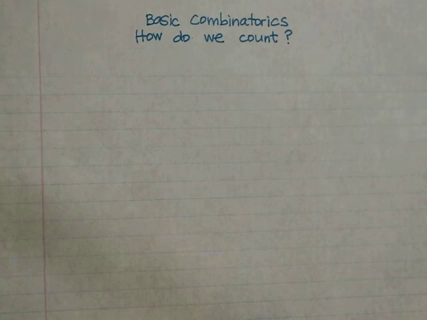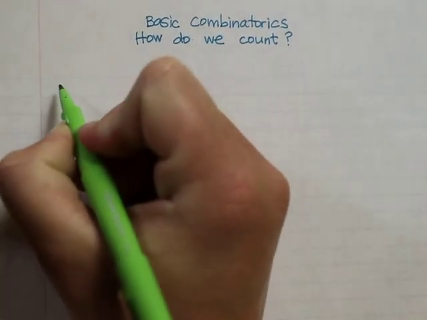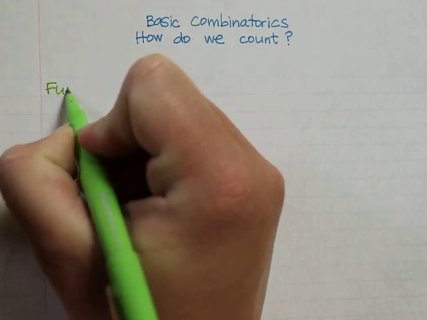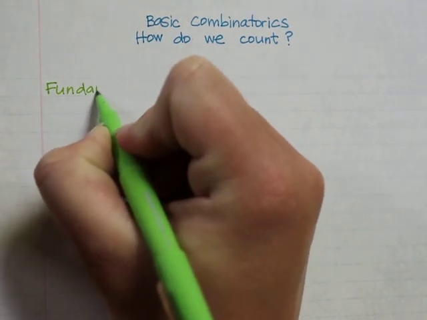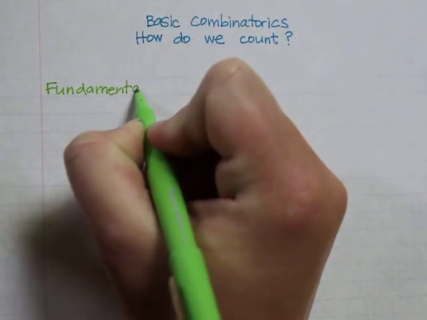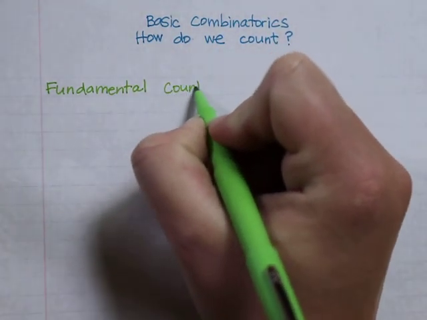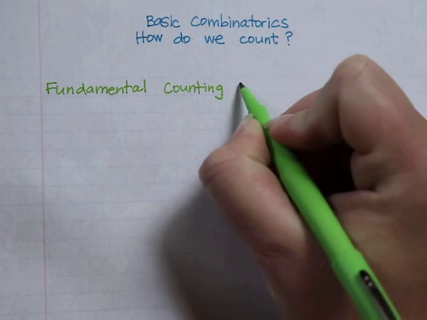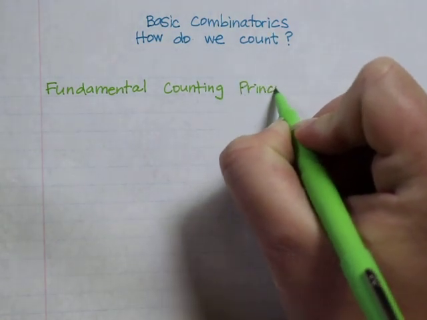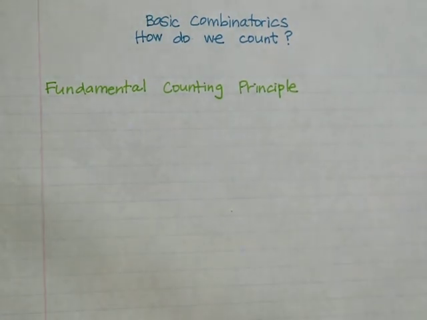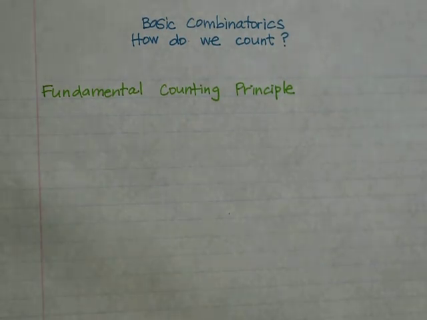I'm going to take you through 3, hopefully fairly quick examples of some different things that we might want to count. So the first method, so to speak, is called the fundamental counting principle. And honestly, this is probably the last time you're going to hear me say it all spelled out like that. I love to abbreviate it as FCP.